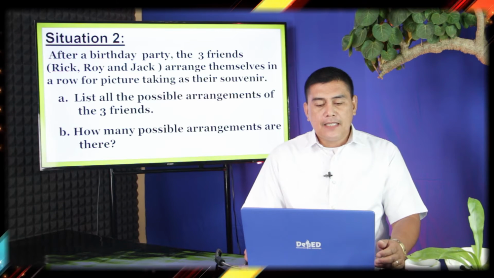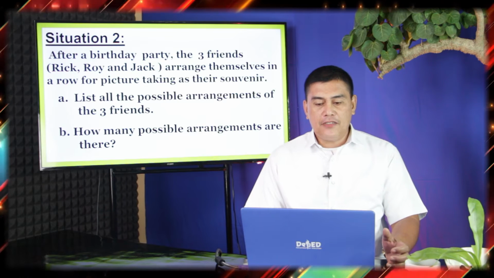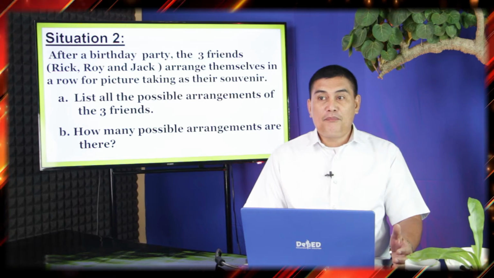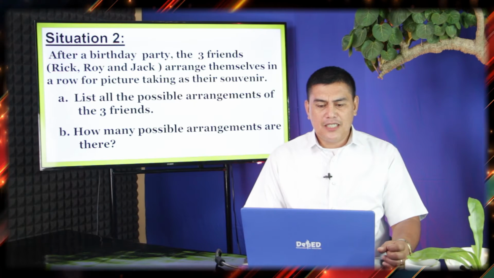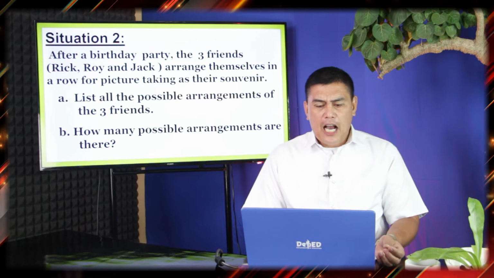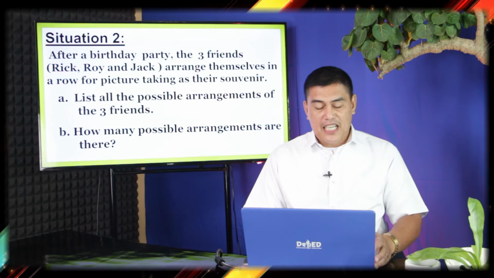Again, sa isang birthday party, yung tatlong magkaibigan na si Rick, Roy, and Jack are arranging themselves for pictorial. So, ang katanungan, in how many ways can they arrange themselves?